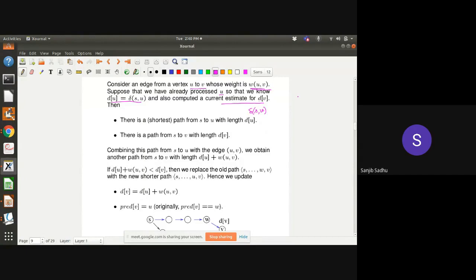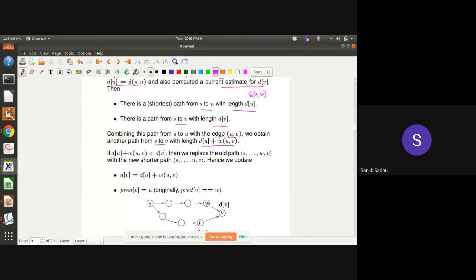Here you see there is a shortest path from S to U with length du, and there is a path from S to V with length dv. Clear? Now combine this path from S to U with the edge uv to form another path from S to V with length du plus the edge weight.